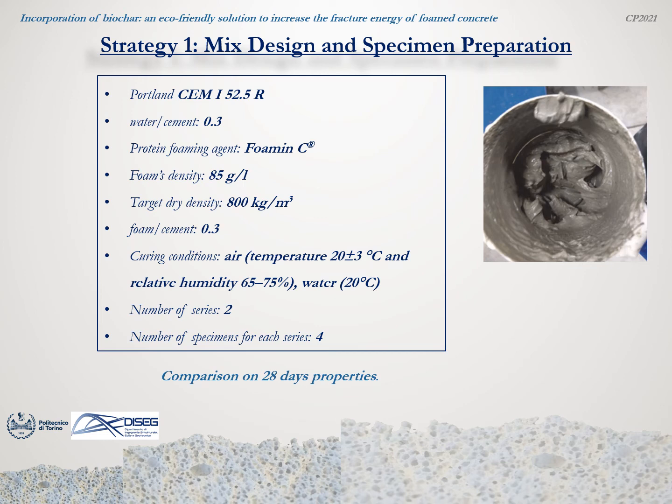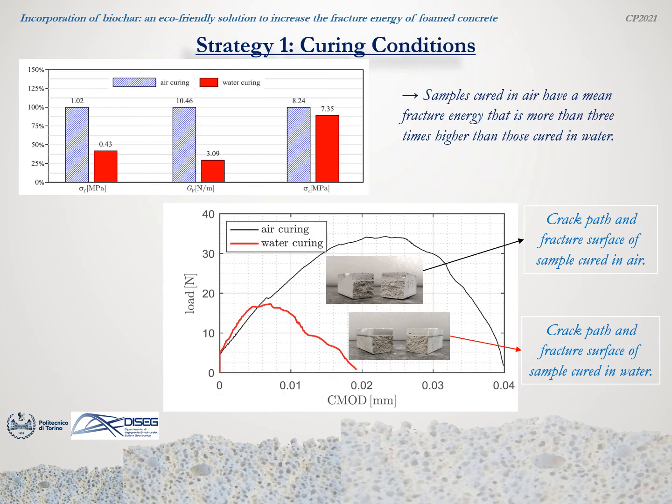Before the test, the beams were notched through an appropriate saw in accordance with the prescriptions of the standard. After the tests, all the specimens were placed in an oven and dried at 110 Celsius degrees until the achievement of a constant weight in order to evaluate the dry density.